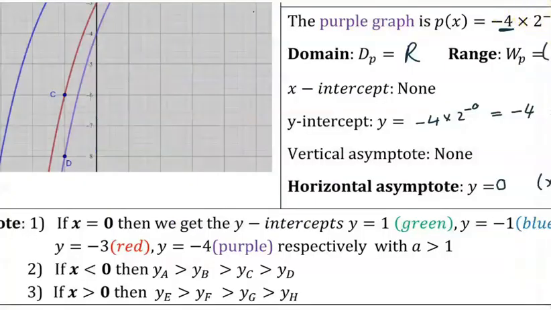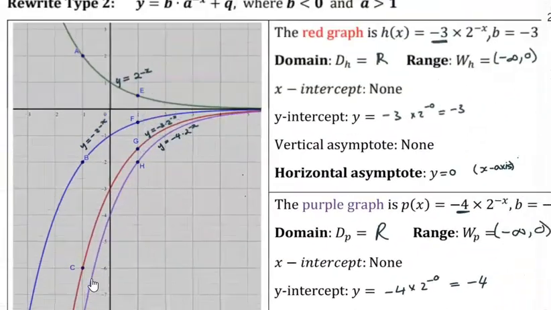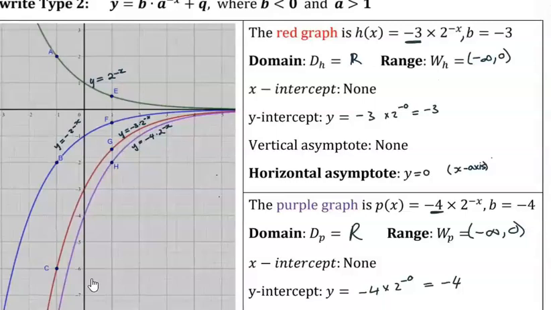I've included a note again for you to compare those values. So what happens at x equal to 0, what happens when x is less than 0, and what happens when x is greater than 0. In this case, the green graph is strictly positive, so it will be larger than the other ones. But for the graphs below the x-axis, we have to compare the absolute values of the b values.